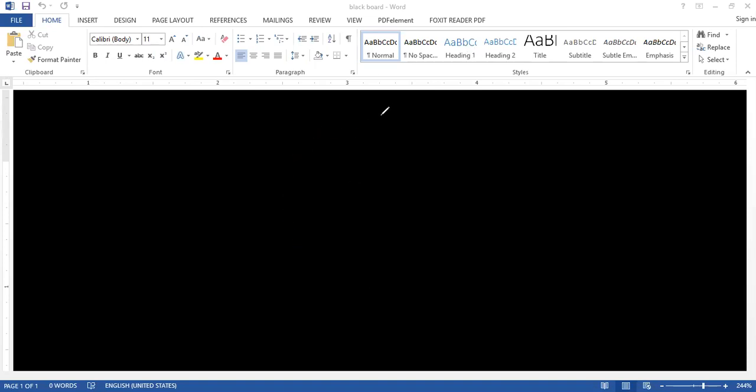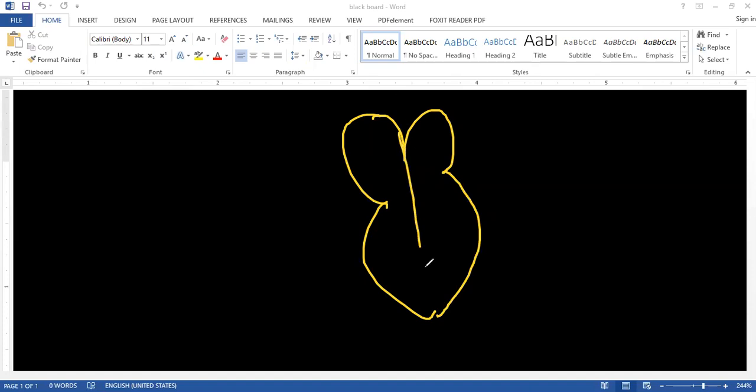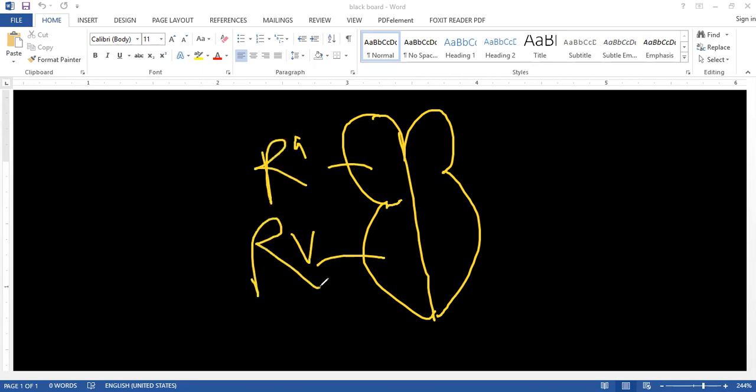One is, as I said earlier, the above part, the atrium, and the ventricle. On the right part, right atrium, right ventricle; on the left, left atrium, left ventricle. And there are tubes which start from here, right?